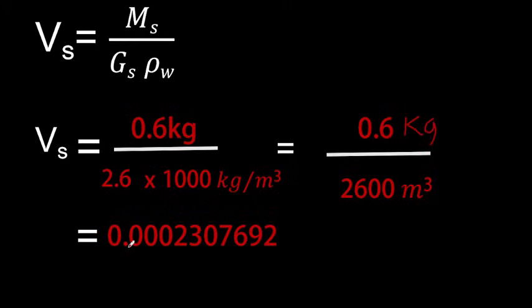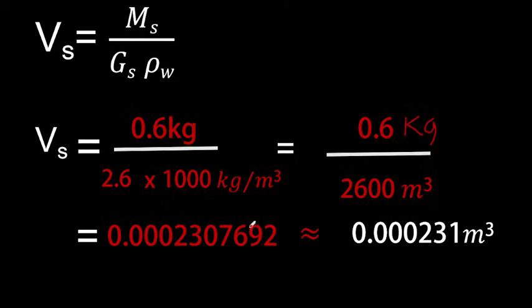So we have 0.00023076992. Let's approximate this to three significant figures. We have 0.000231 cubic meters. So this is the volume of solid.